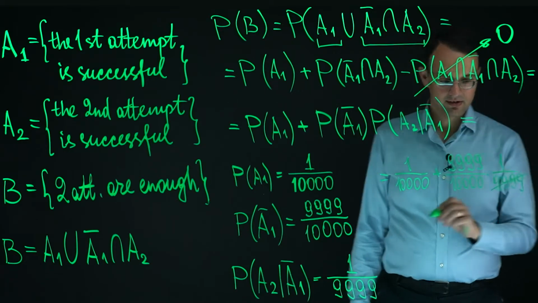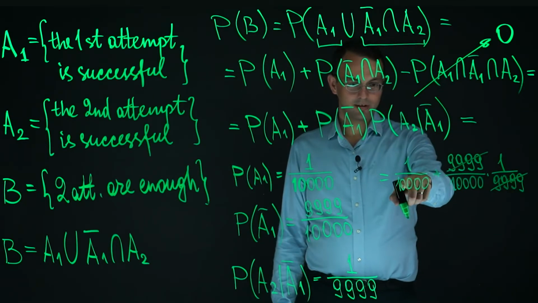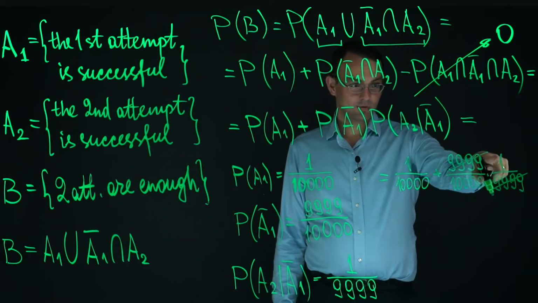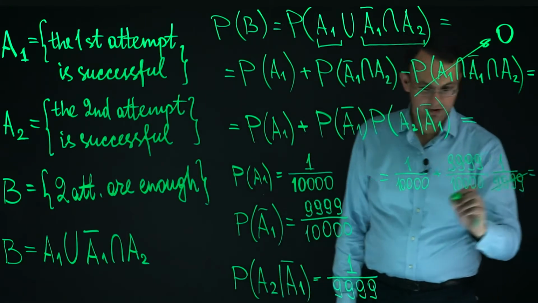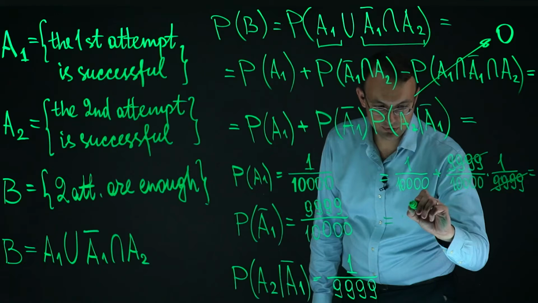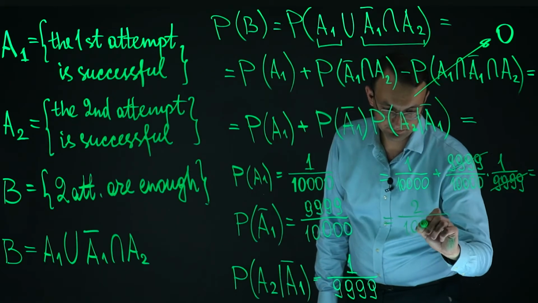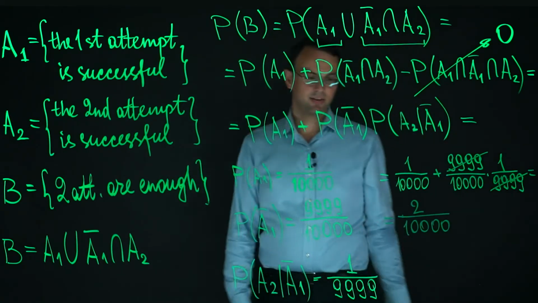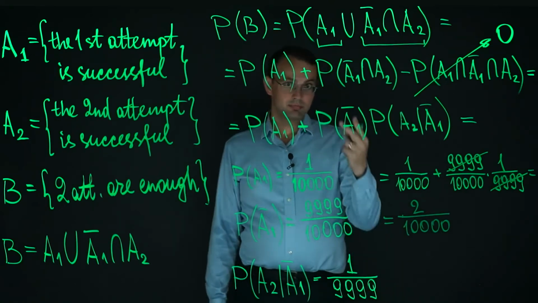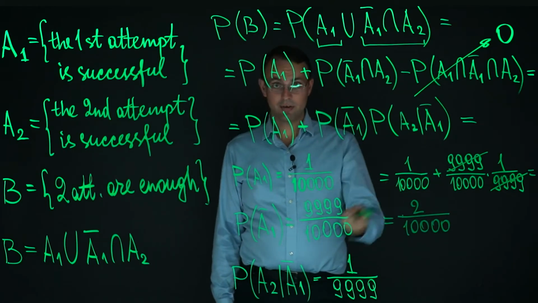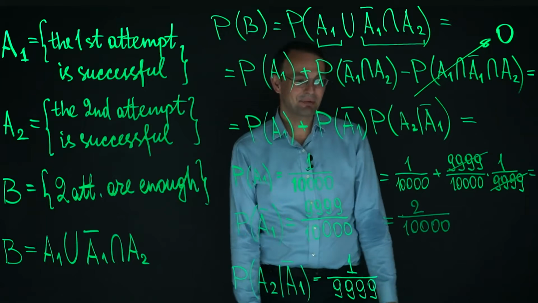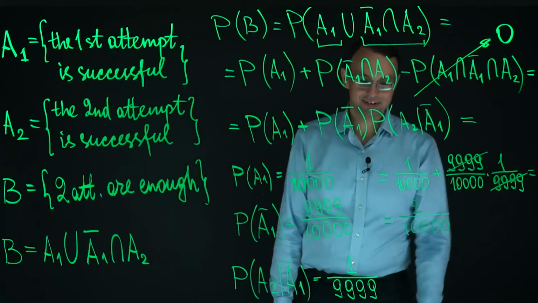This is cancelled, and here we have 1 over 10,000 plus 1 over 10,000. That is 2 over 10,000. So 2 attempts, 10,000 choices. The probability is 2 over 10,000.